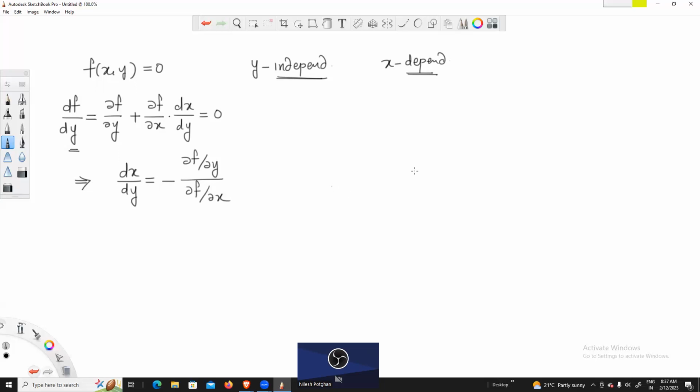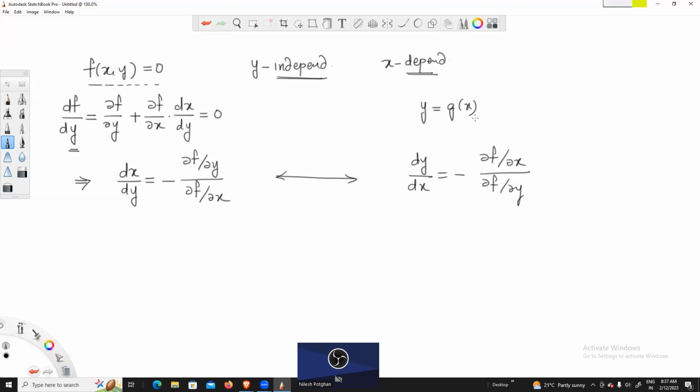Now again, let me write the previous form. You have dy over dx equal to minus del f over del x divided by del f over del y. So this was the form previously, right? Now you can correlate these two forms. Suppose instead of writing this as an implicit function, you could have written this as an explicit function, y equal to some g of x.